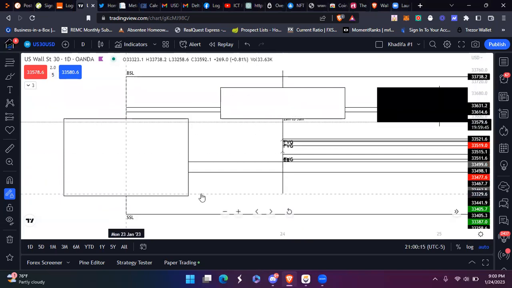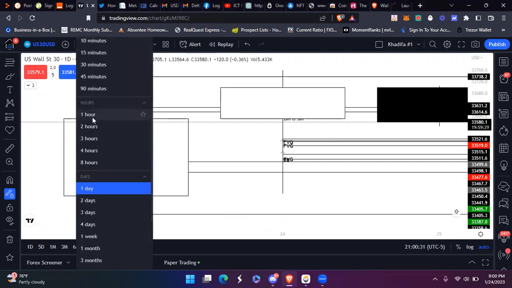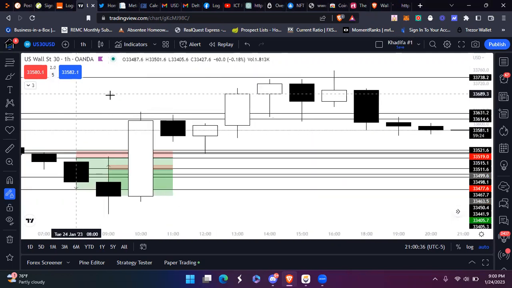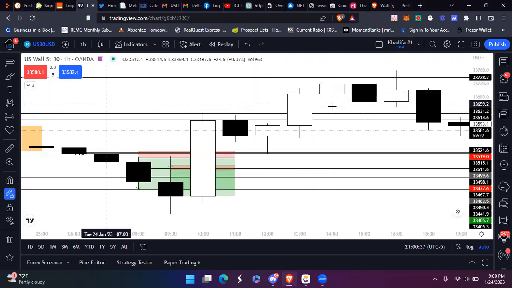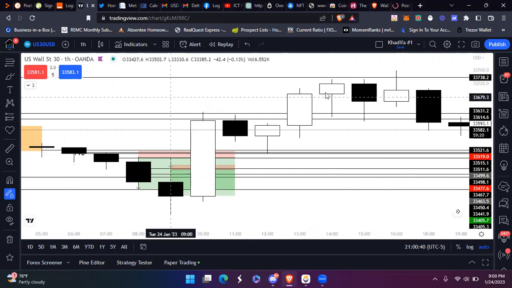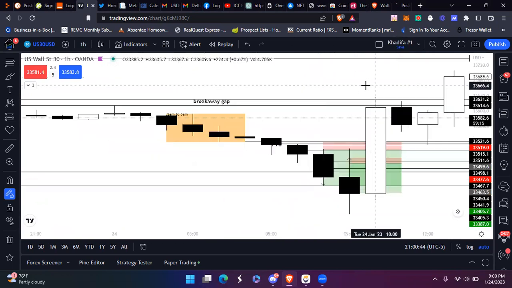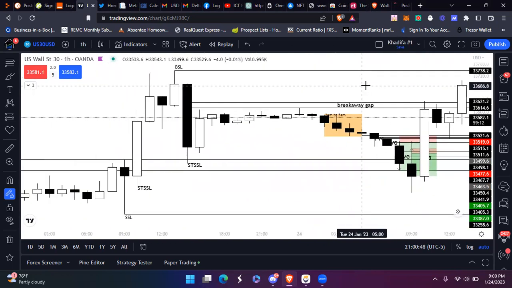When I got up this morning, I already had yesterday's high and low marked on the chart for buy side and sell side liquidity. And then I come down to the 1 hour time frame when I get up in the morning, which is around 5 or 5:30 most mornings.